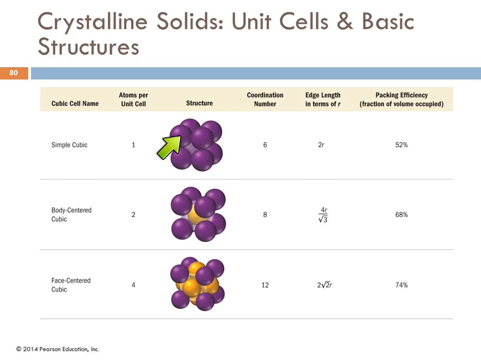If we draw a line from the center of each atom to the center of the other atoms, we end up with a cube. And because only part of each of these atoms is within the cube, there's only one atom inside that cube. But each of these atoms is adjacent to 6 others. So if we look at this guy right here, he's got 1, 2, 3, 4, and then there would be 5, 6 that aren't pictured.